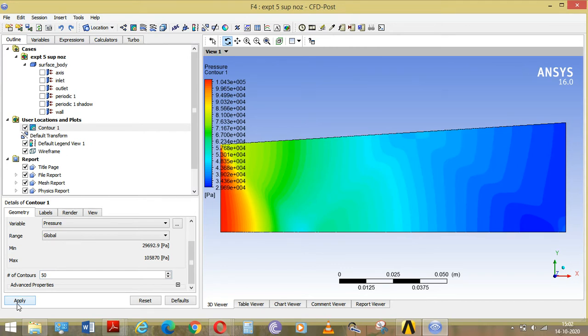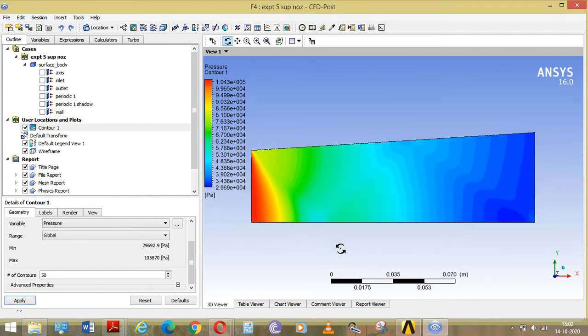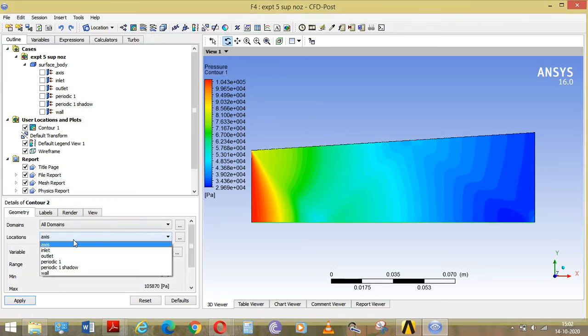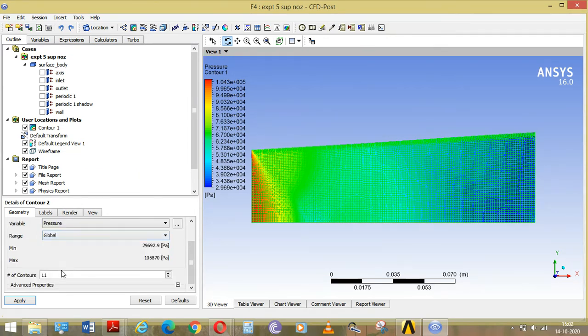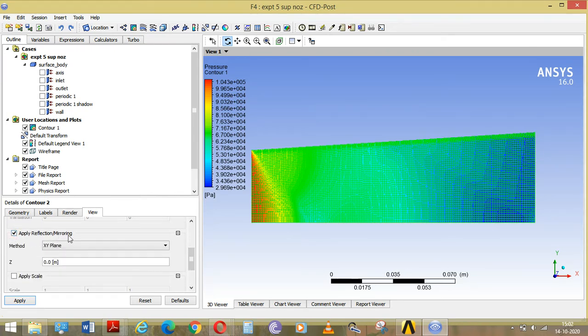Okay. So this is how we can see in the post process. So if you want to see the other side, we have to import another contour, same periodic location, pressure. We have given 50. We have to go to view. In view, we have to apply reflection or mirroring about which axis?